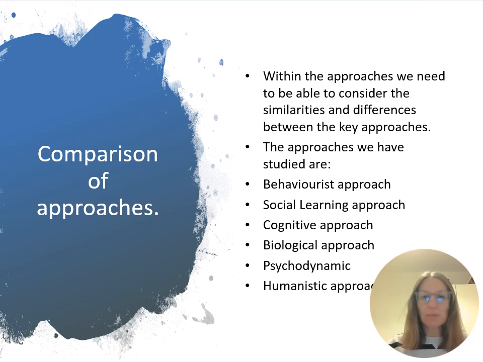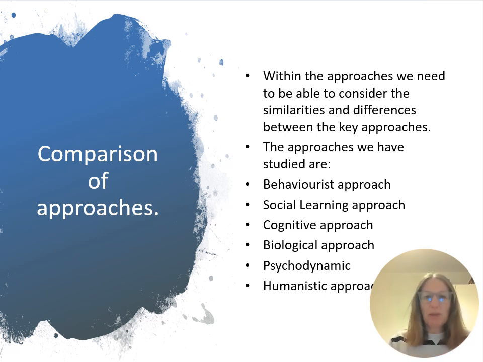Okay, you definitely need to be able to do that for your approaches section, but also to be able to compare the approaches. Then you've got social learning theory. Sometimes behaviourist and social learning are linked together and they're called the learning approaches. So you could get a question asking you to compare the learning approaches with the biological approach. In that, you could not do the behaviourist approach, you could just do social learning theory.